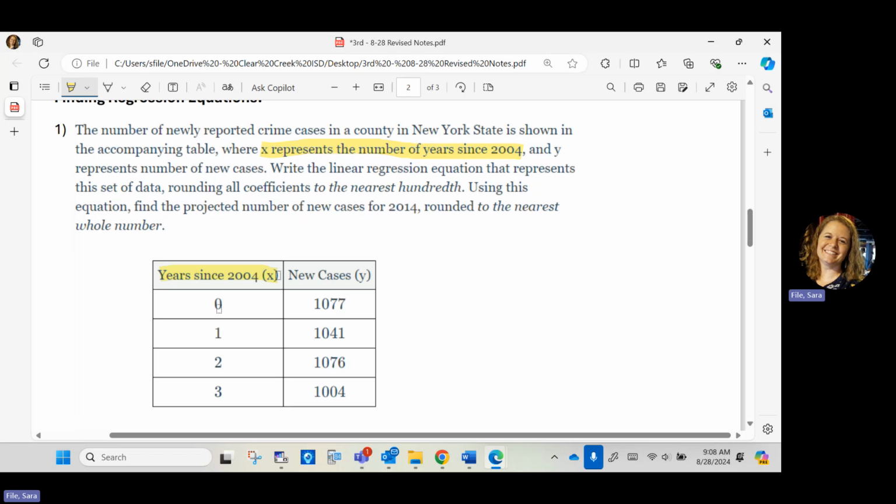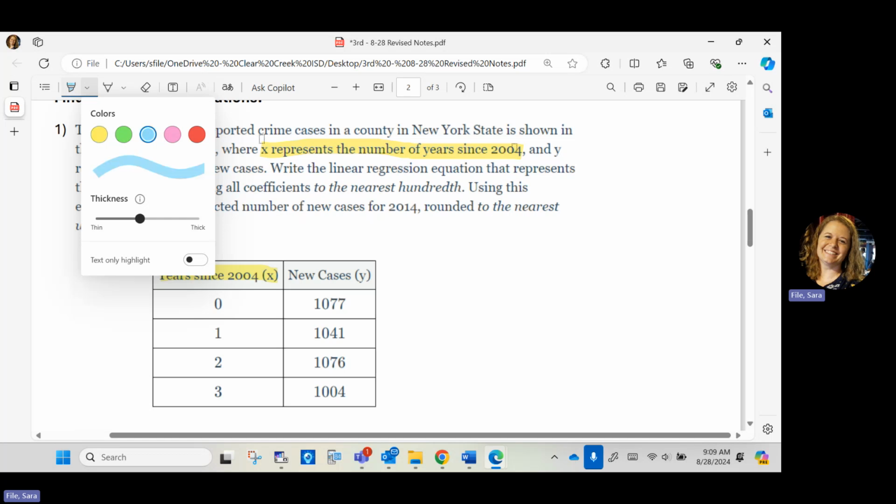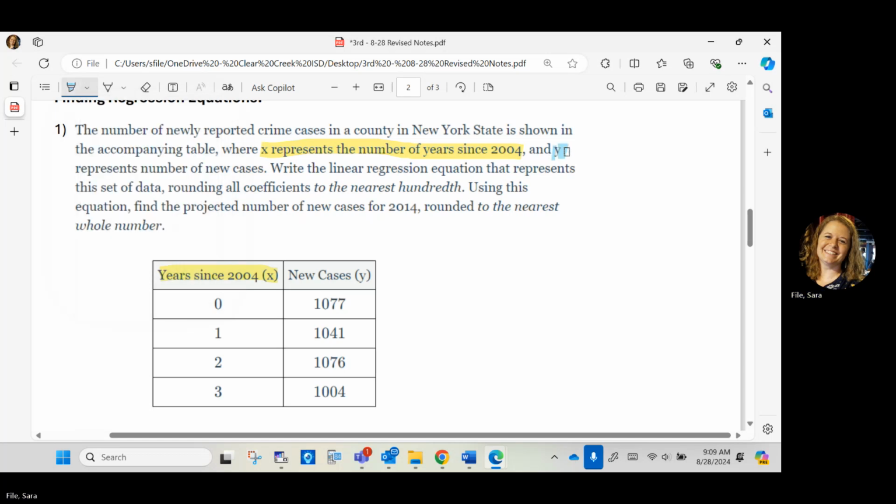That is 2004. So the data starts in 2004, and then it's 2005, 6, 7, etc. So X is the years since 2004, and the Y column represents the number of new cases. The number of new crime cases reported is our Y column.